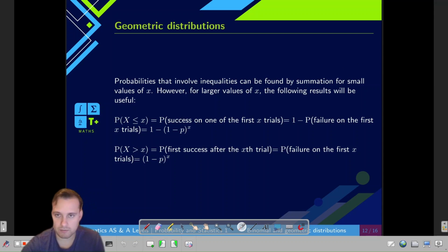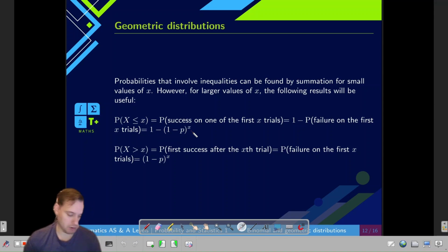It means that my success is before that. And that is the complement of having failure on my first x trials. If I had a success on any of my first x trials, that means I didn't fail on all the first x trials. But failing on the first x trials is (1 minus p) raised to the power of x. So essentially we can say that the probability of X less than or equal to x is 1 minus (1 minus p) raised to the power of x.